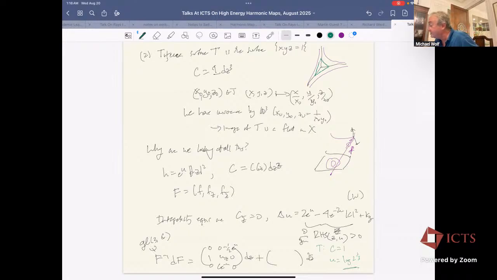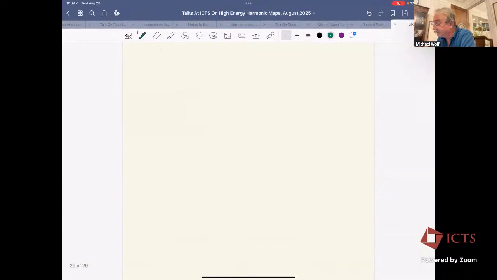With all that, here's what I want to prove. You recall from last time, we had a correspondence between polynomials P of z dz squared, I did z to the k dz squared.